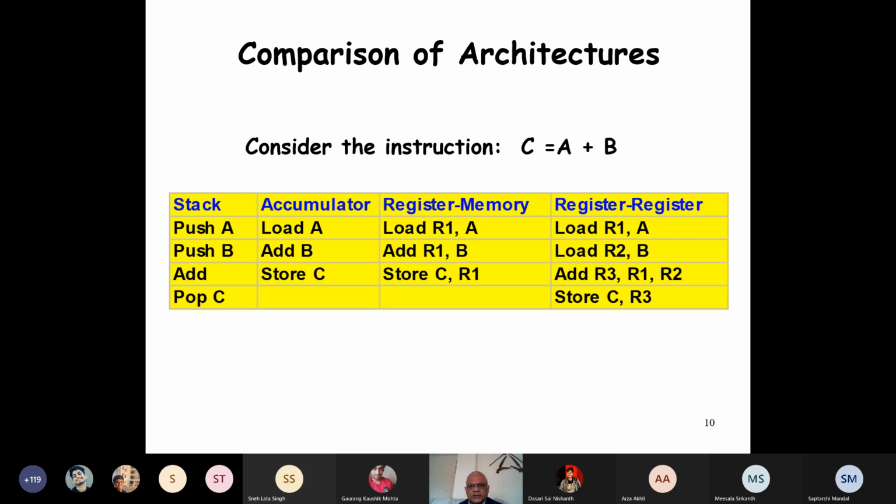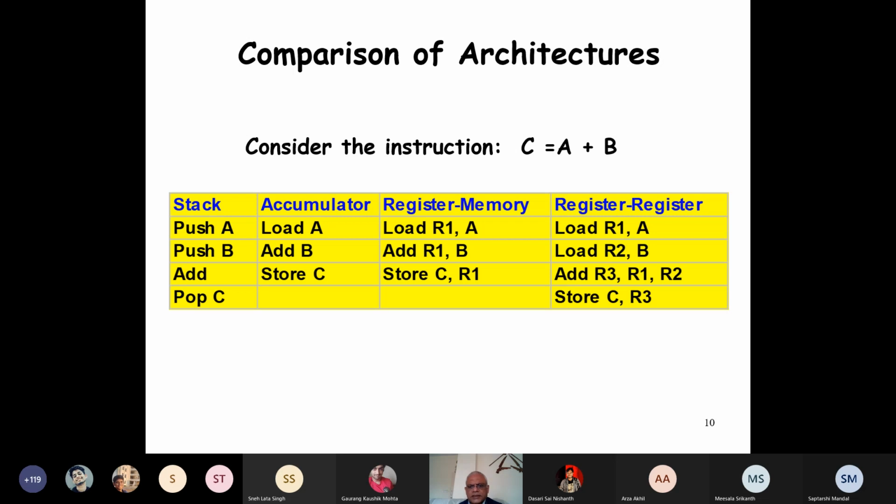So here you first load register R1 from memory A, then ADD, where one operand is in R1 and the other is in memory B, and the result is produced in R1. And now you store R1 back into C.